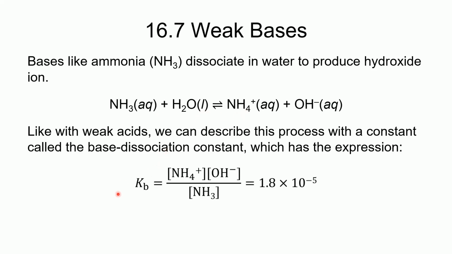So the equilibrium constant expression for ammonia would be equal to the concentration of ammonium times the concentration of hydroxide divided by the concentration of ammonia. We do have a value for these. We can get that value in Appendix D2, which I'm going to show you very quickly.